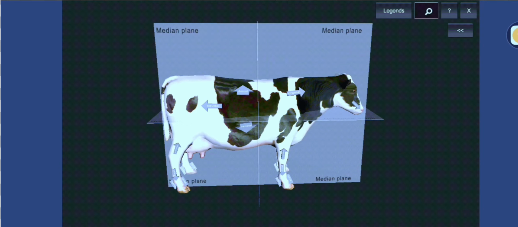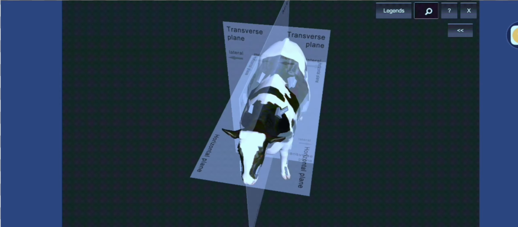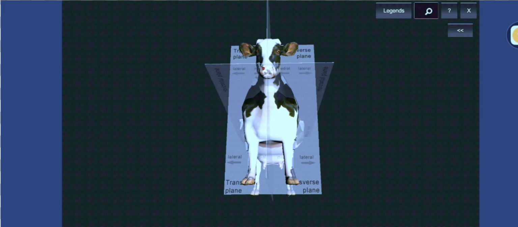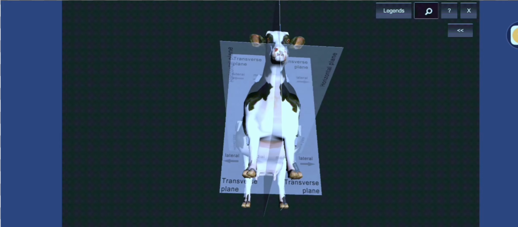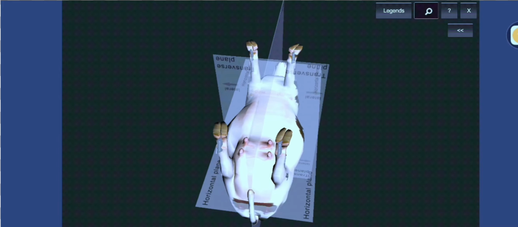The presence of the median plane is different for different animals. Actually, we study in 10 plus 2 or intermediate in NCERT that there is a radial plane similar to the median plane, as much as I know. Okay, this is a median plane. We can see the median plane cutting the ox bone into two equal parts.